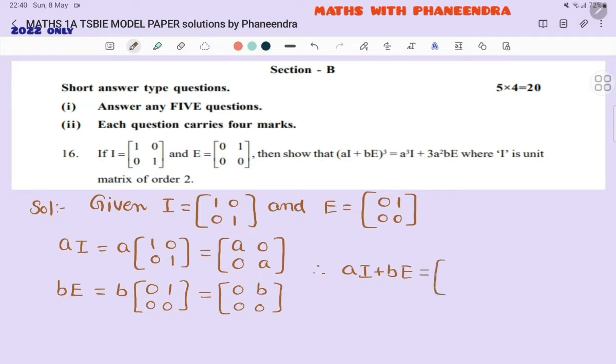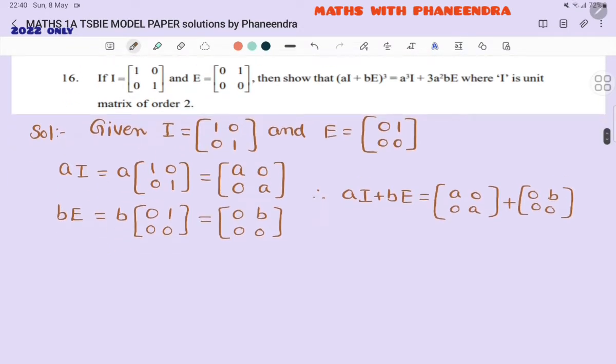So the sum of these two matrices, AI, that is A00A, plus BE, 0B00. Corresponding elements you have to add: A plus 0, 0 plus B, 0 plus 0, A plus 0.